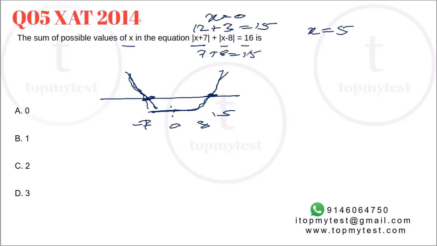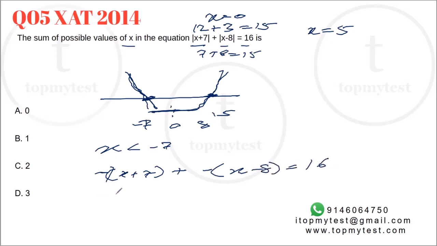If x is less than minus 7, both these values will be negative. So you'll have minus of x plus 7 plus minus of x minus 8 should be equal to 16. Or in other words, x plus 7 plus x minus 8 should be equal to minus 16.